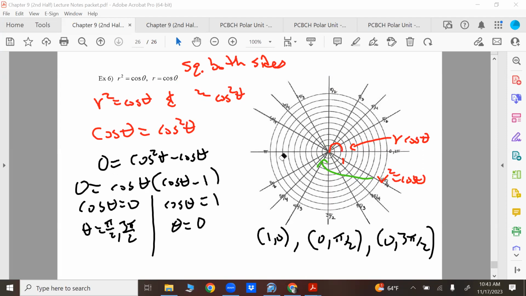It's not actually 0. It's pi over 2, 0, and 3 pi over 2, 0. Yeah, because 0 to the power 2 and 0 to the power 3 pi over 2 are actually the same thing. So it traces over it.